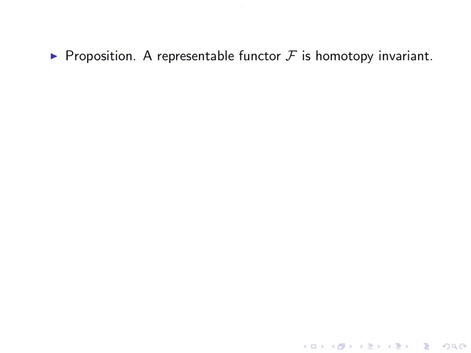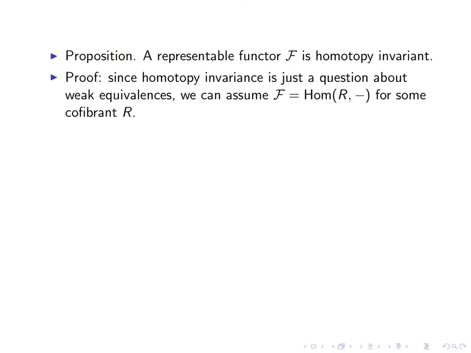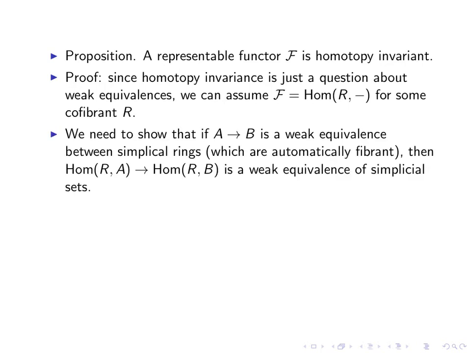A representable functor is homotopy invariant, and here's the proof. Since homotopy invariance is just a question about weak equivalences, we can assume that our functor equals the Homs out of R for some cofibrant R. Recalling the definition, we need to show that if A to B is a weak equivalence between simplicial rings, then the induced map between the functors of maps out of R is a weak equivalence of simplicial sets.